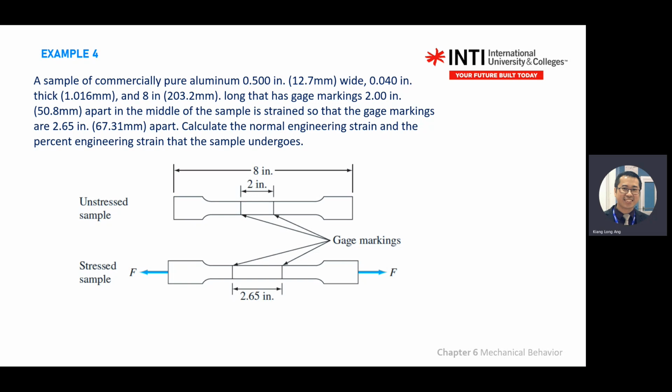You're focusing on this area, not the total length of the sample. So you take 2.65 minus 2 divided by 2. Because the formula for strain is change of length divided by original length. What is the original length? Original length is 2 inch or 50.8 mm.